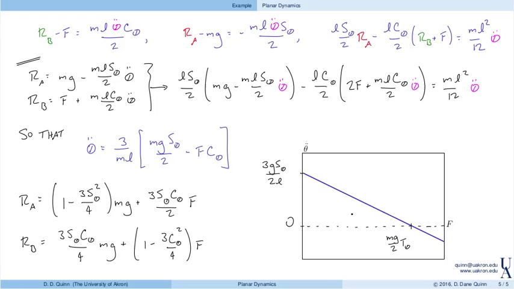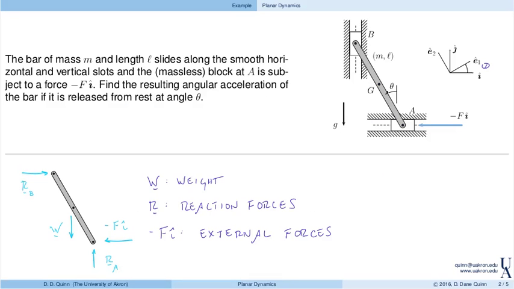Now, if F is sufficiently small, below this value, theta double dot is positive, which implies that the angular acceleration is counterclockwise, and the bar, if we released it from rest, would begin to move in a counterclockwise fashion, so point A would actually move out to the right. However, if F is large enough, theta double dot is negative, and the bar begins to move in a clockwise fashion, right? And this point A is pushed to the left.